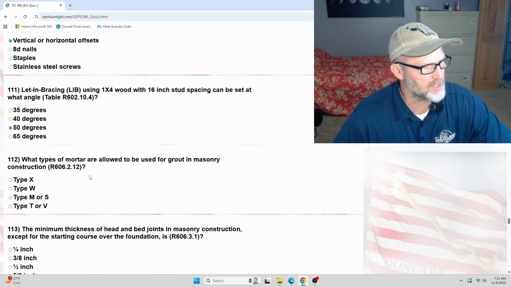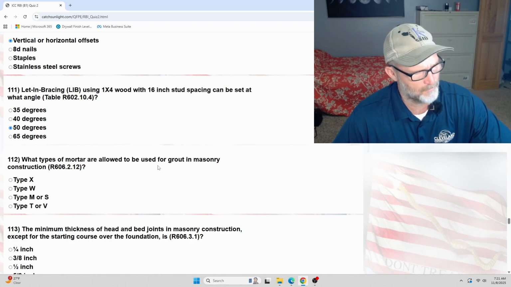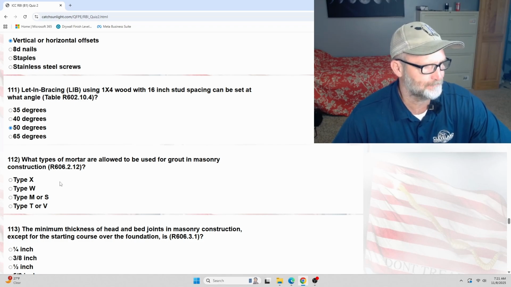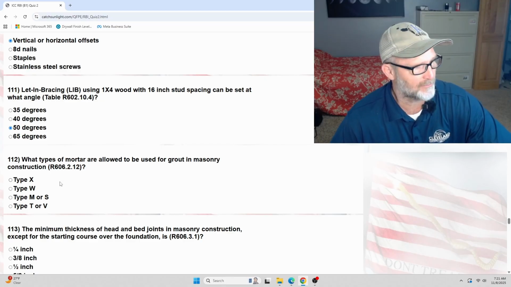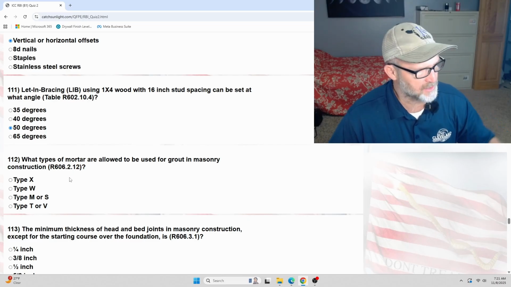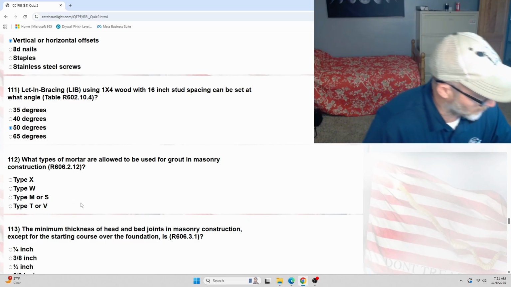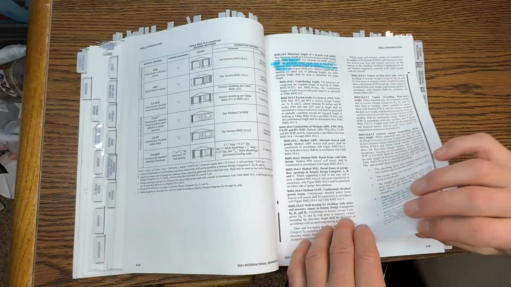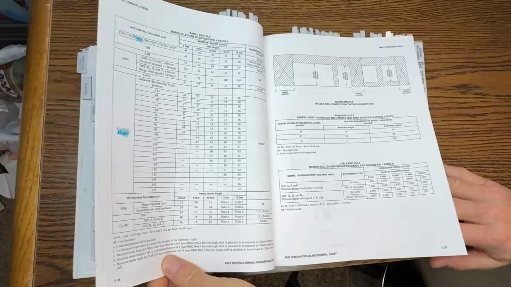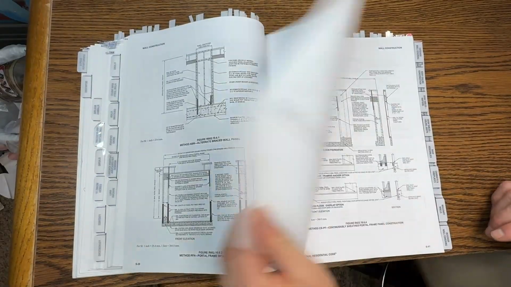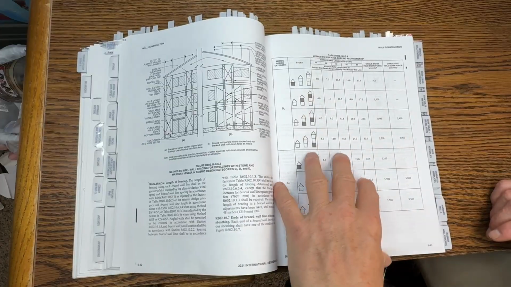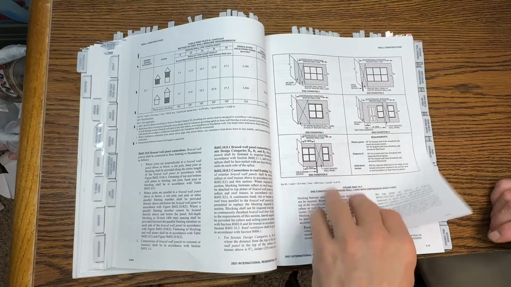All right, what types of mortar are allowed to be used for grout in masonry construction? So you'd have different types. If you're on the job site, I mean, you could be anal and look at the bags of mortar, or whatever they're using, but there's actually a spec for it. R606.2.12. Let's look at R606. Jump over here a ways. As I go, I'm just going to let you see some of my notes because there might be some other stuff here. I don't think there's a lot here.